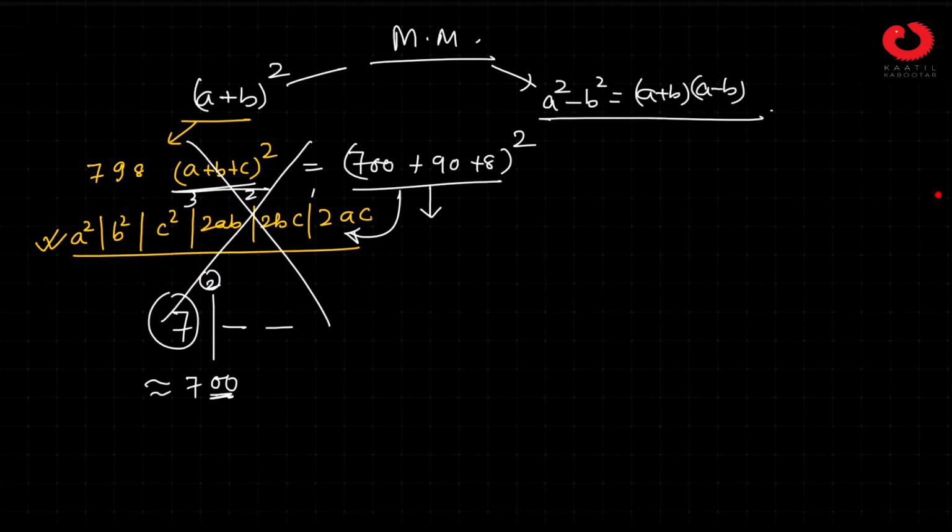Now, just before we apply this to our numbers, let us have a small discussion. I guess everyone must know this formula, where a square minus b square is equal to (a plus b) and (a minus b), the product of two terms.